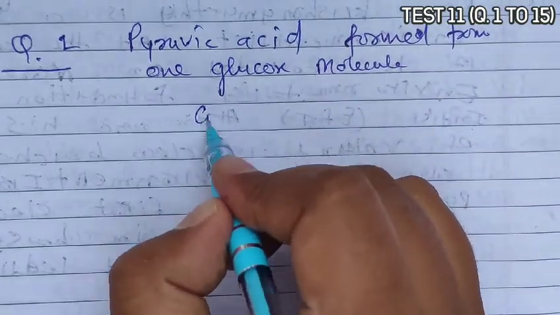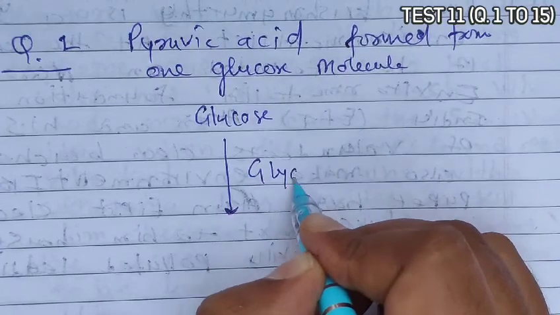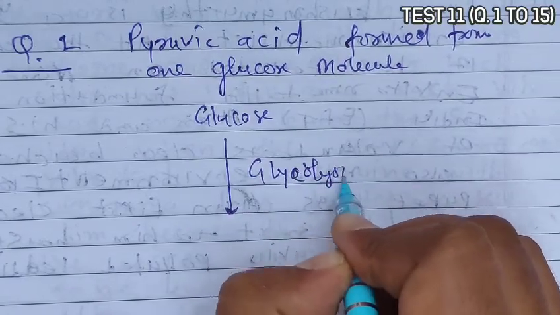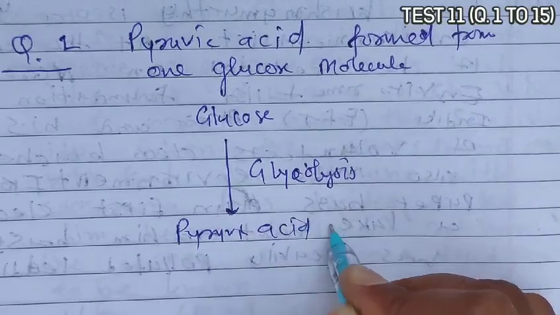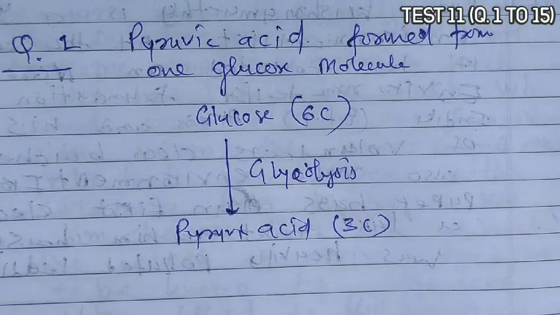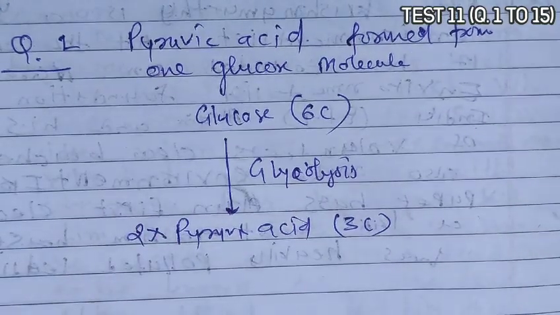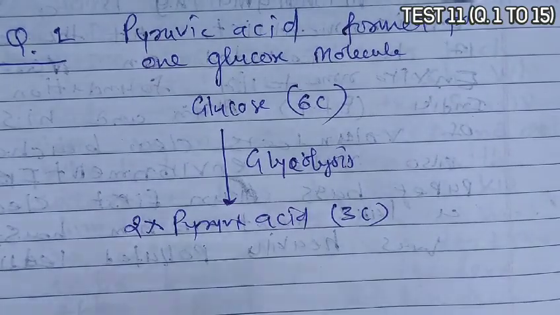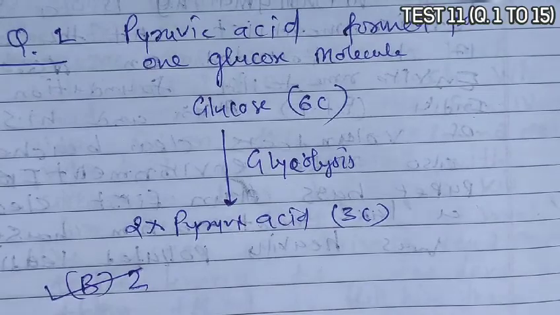As you know, when glucose breakdown occurs, it undergoes glycolysis and produces pyruvic acid. But pyruvic acid is a 3-carbon compound and glucose is a 6-carbon compound. So 2 molecules of pyruvic acid are produced. So the correct answer becomes option B, that is 2.